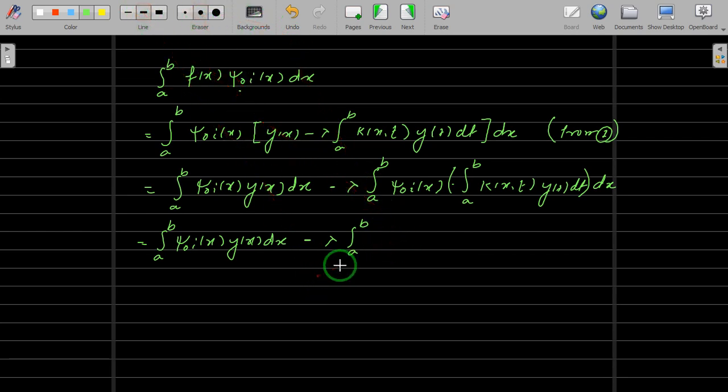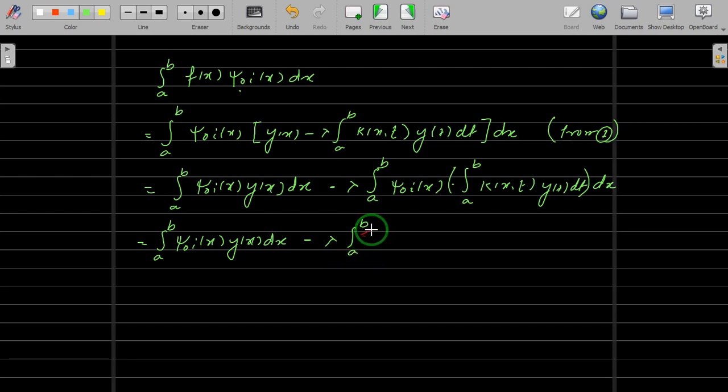Change the order means this integral is with respect to t, and then this integral is with respect to x. If you want, you can take this psi 0 i inside this integral, because you are integrating with respect to t, so this x function will be constant over there. So we will have integral a to b something dt dx, and these limits are for x and these limits are for t. So you change the order of integration, you check what procedures are required. There are described methods.